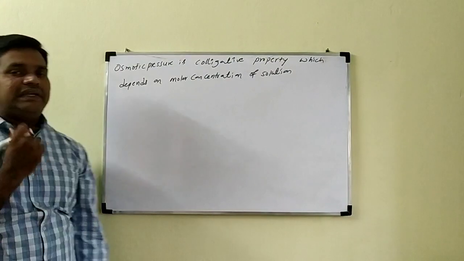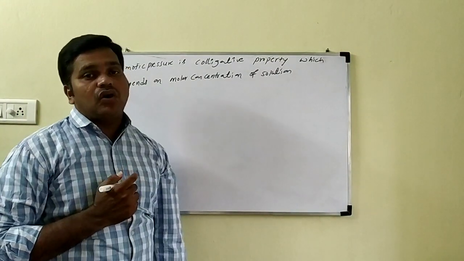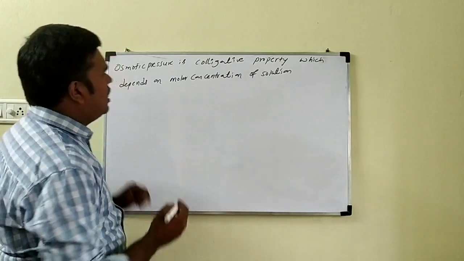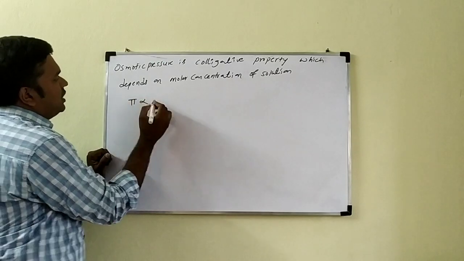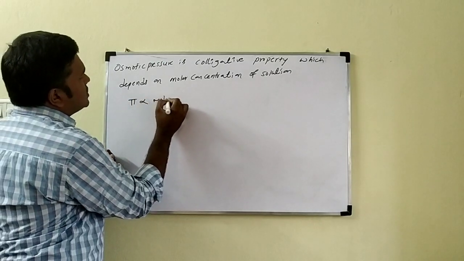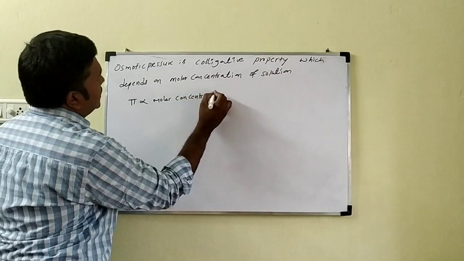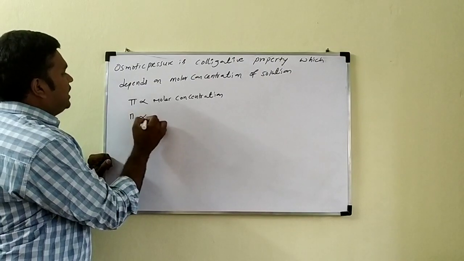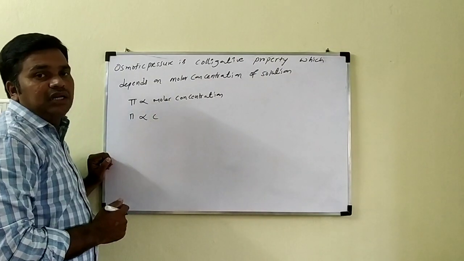Osmotic pressure is a colligative property which mainly depends on the molar concentration of the solution. Osmotic pressure is directly proportional to molar concentration. I will write here pi directly proportional to C, where C is the molar concentration.